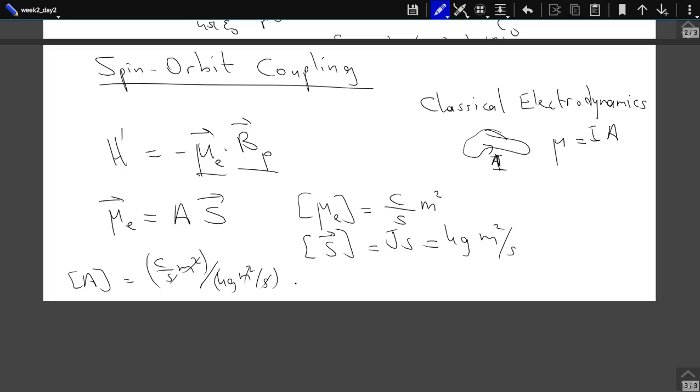Well, meter squares cancel, seconds cancel, so it should be coulomb per kilogram. So this A should again be written in terms of the properties of the electron, and its unit should be coulomb per kilogram, charge per mass.